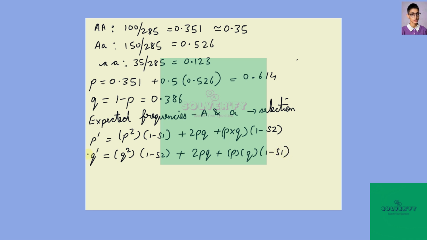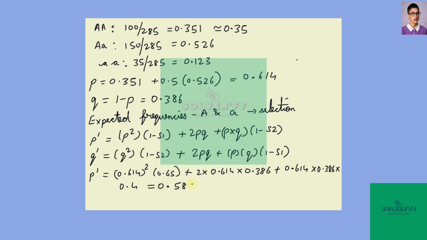Using the given values of S1 and S2, p dash will be equal to 0.614 square into 0.65 plus 2 into 0.614 multiplied by 0.386 plus 0.614 multiplied by 0.386 multiplied by 0.4, which will be equal to 0.580.